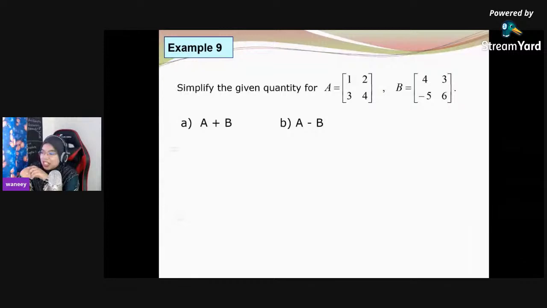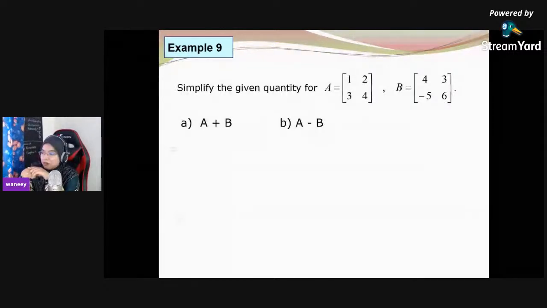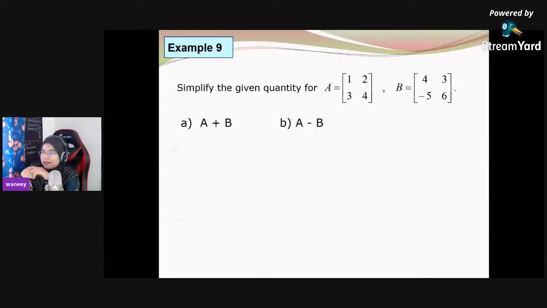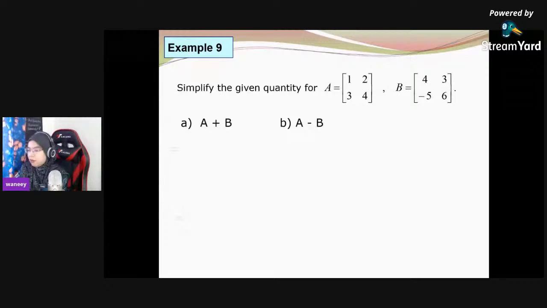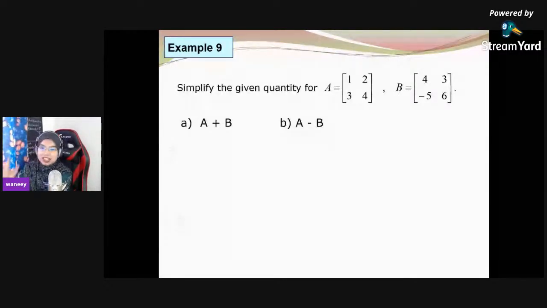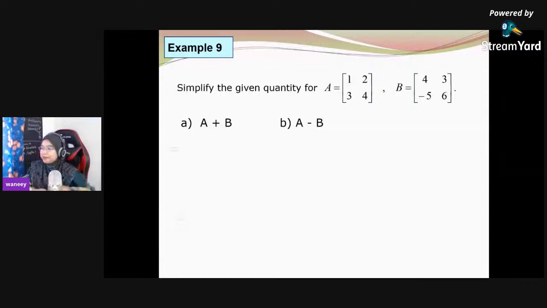Tak tahu macam mana nak type in chat box. You tulis bracket pun boleh kalau nak. Buat bracket and then asingkan macam 2, 3, 4, 5. Boleh lah sebab hasil dia akan jadi 2 by 2 kan.